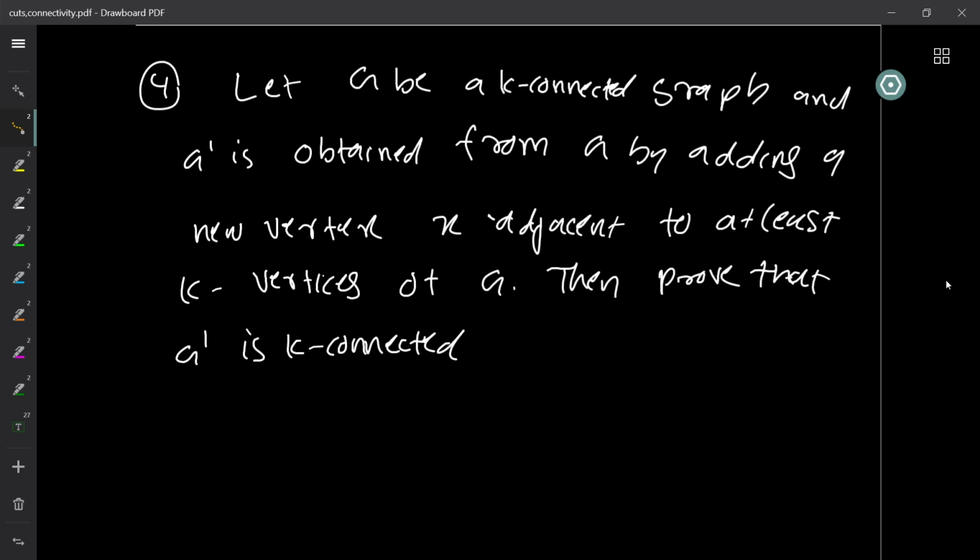Then show that the new graph that you obtain, let's call it G', is also k-connected. So if you take any k-connected graph, pick any k vertices, and add a new vertex adjacent to each of these k vertices, then the graph that you get is also k-connected.